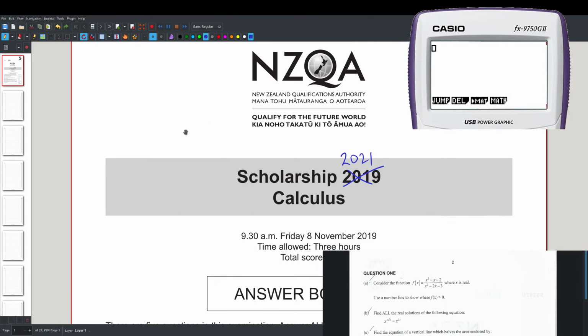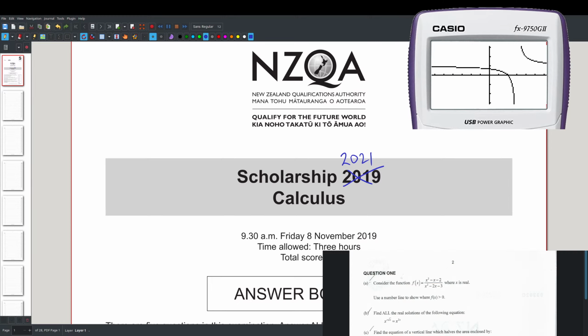Alright, there we go. So the first question: consider the function f of x equals x squared minus x minus 2 over something. Use a number line to show where f of x equals 0. I mean, I don't need a number line, I've got a calculator. So x squared minus x minus 2 over x squared minus 2x minus 3, so you just graph it.